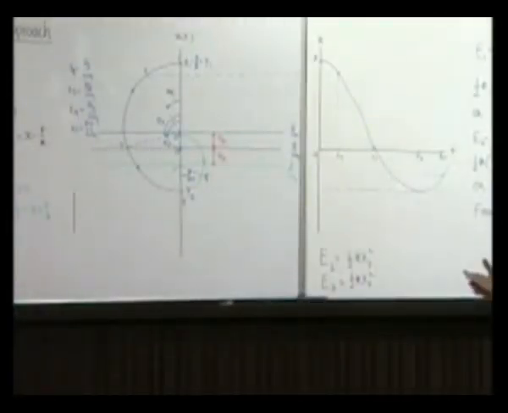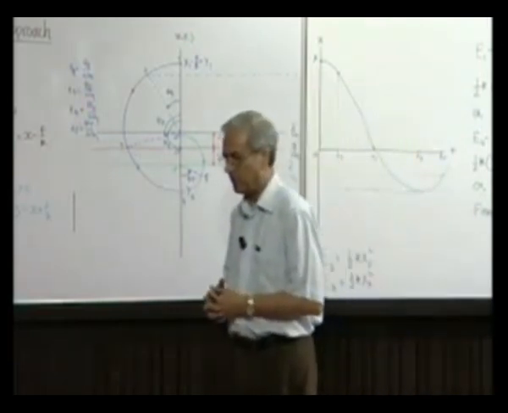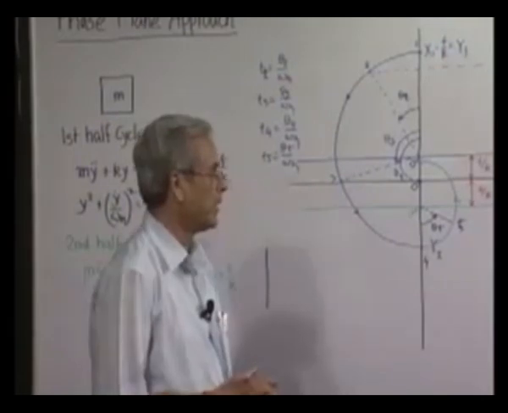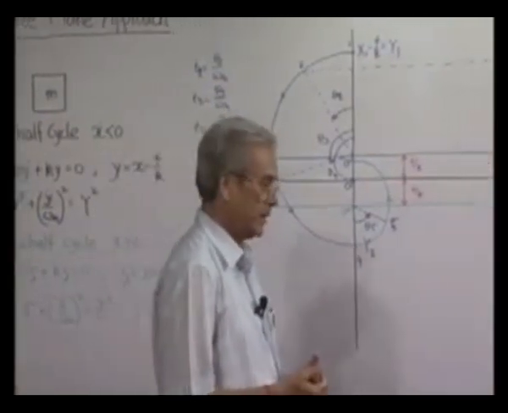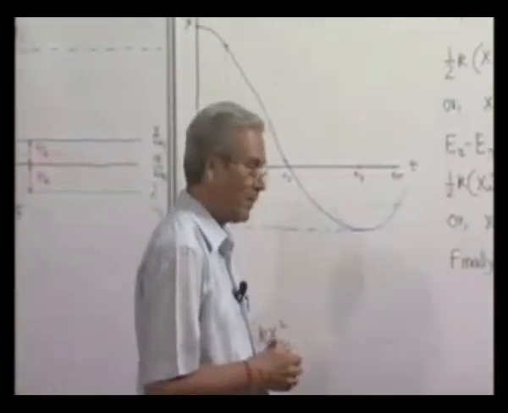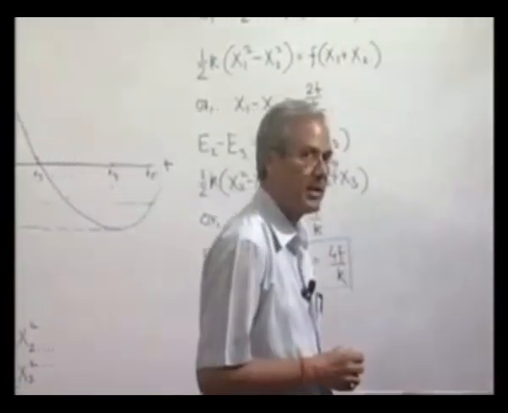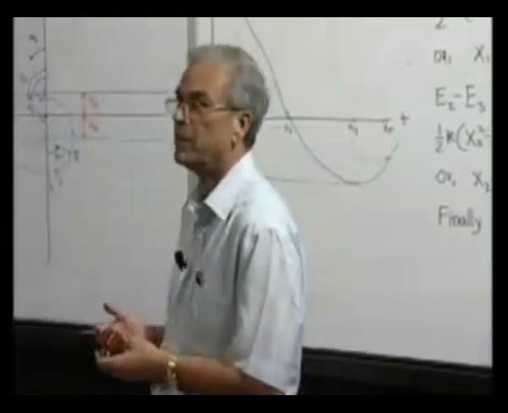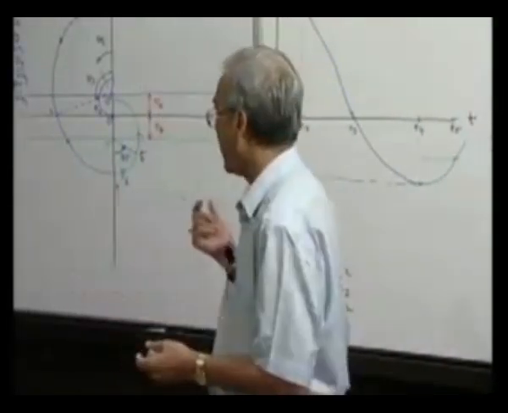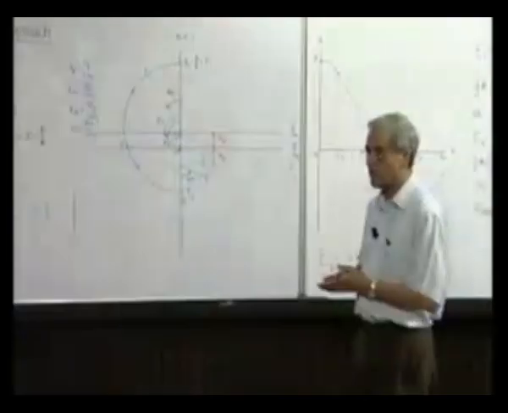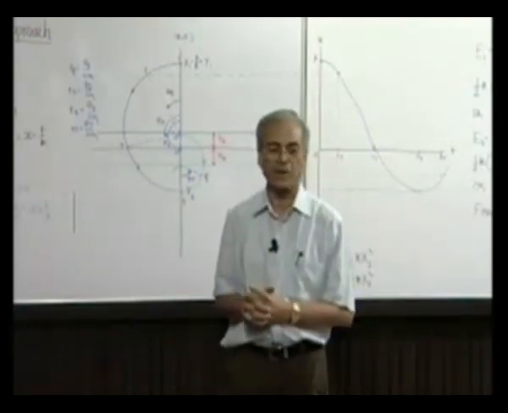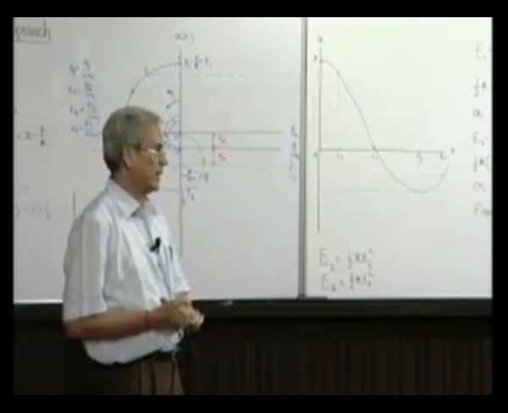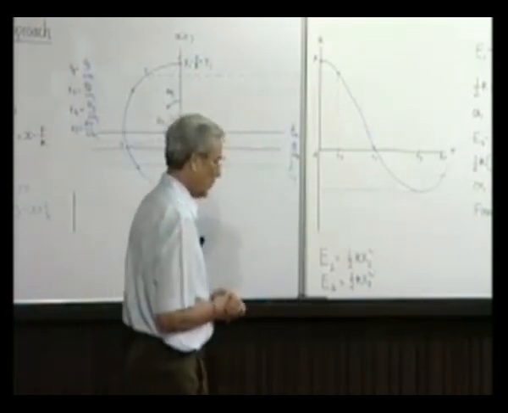I think we come to the end of our major discussion on free vibration of single degree of freedom system. And as you have noticed, there are two things which we have done. In case of undamped system, our primary objective was to find out the natural frequency of the system. That was the objective of solving the problem. In case of damped systems, it is not only finding out the frequency of oscillation, but also finding out the way the amplitude decreases, or the displacement diagram we want to solve.